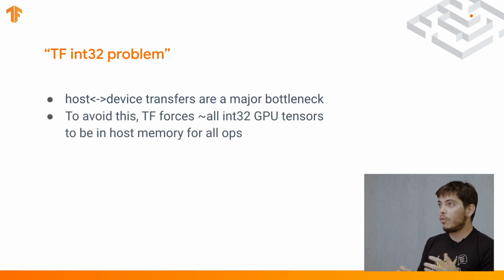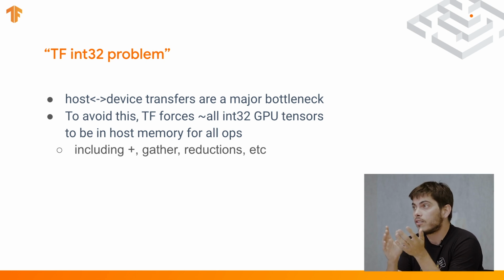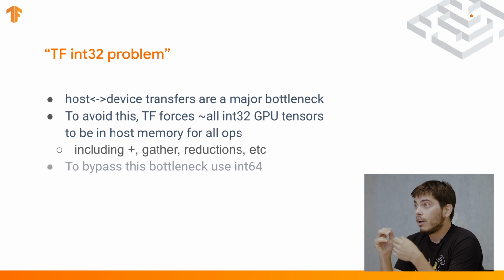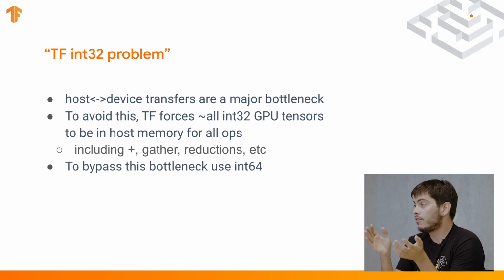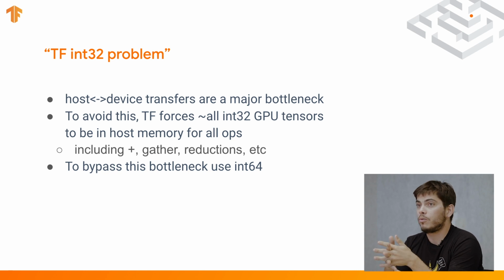So to avoid this, we say that for almost every op that has a kernel registered on the GPU that has int32 inputs or outputs, those are force placed in host memory, including things like plus, gather, reductions, and other things that you'd like to use as part of a model. Currently, the workaround is use int64 for types that you actually want to get executed on the GPU, and use int32 only for your shapes.